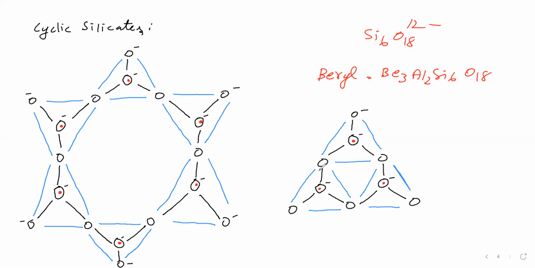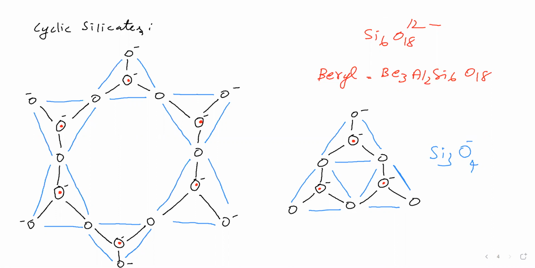For this general formula, we will see 3 silicon atoms. Therefore, Si3. O minus: 1, 2, 3, 4. O minus is 4. Between these two is a fully shared oxygen. Minus charge will be there here and here also.